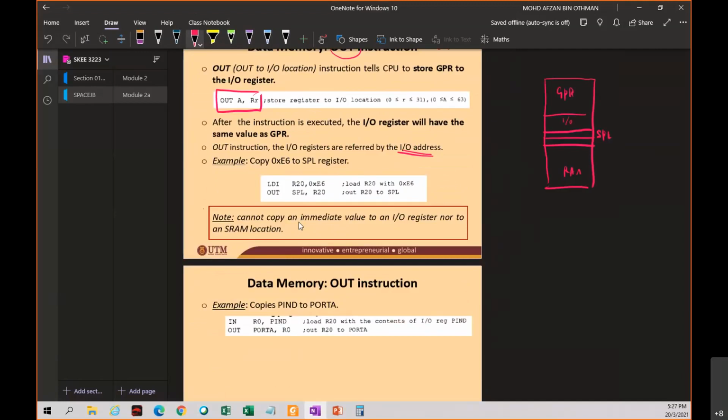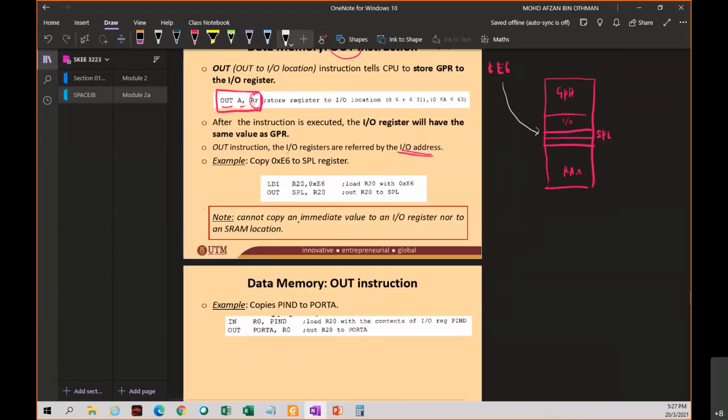Macam mana kamu nak masukkan value E6, which is a value from outside, to SPL? Can you directly ambil value ni masukkan dalam SPL? Tak boleh. Sebabnya, kamu kena out IO address, Rr, kamu kena ambil value daripada GPR masuk ke dalam kamu punya IO address.